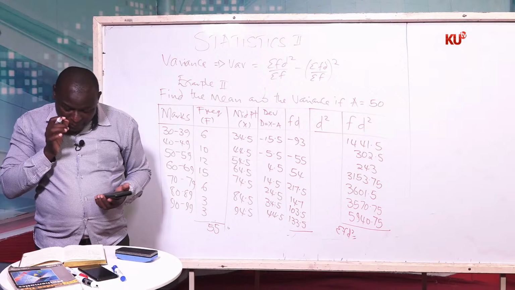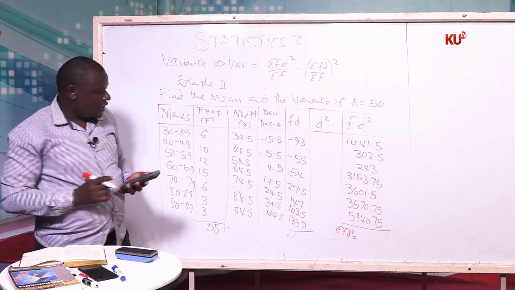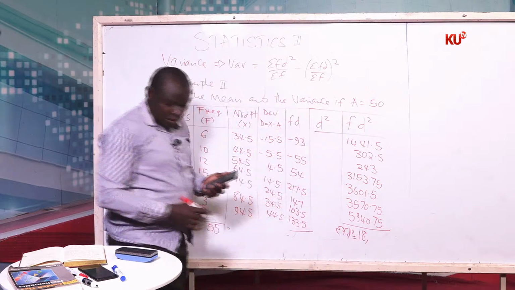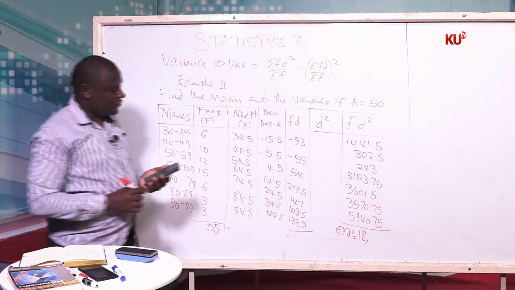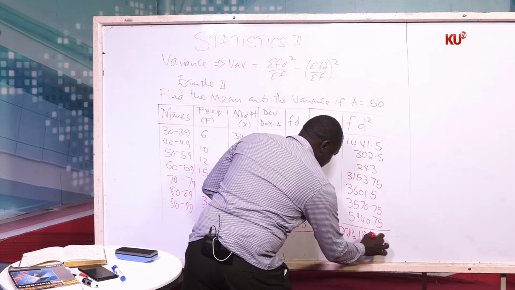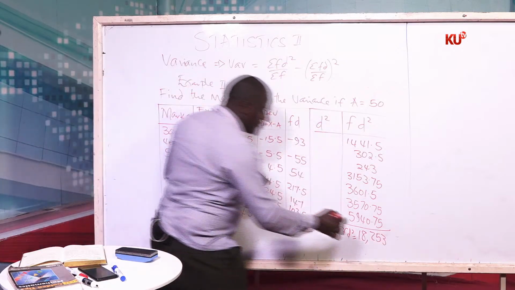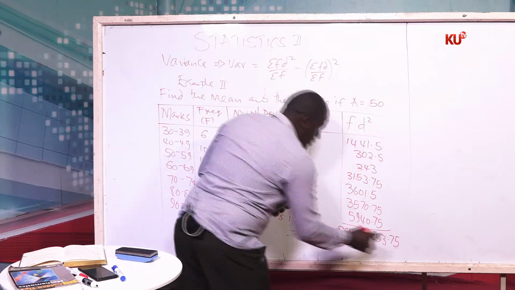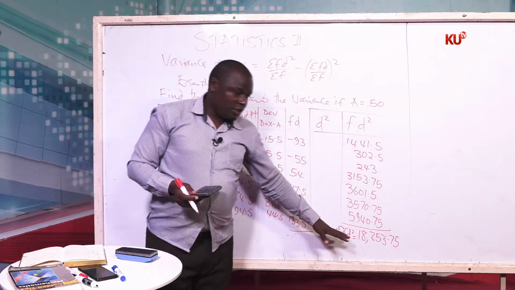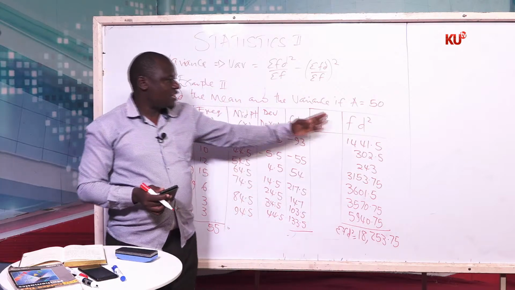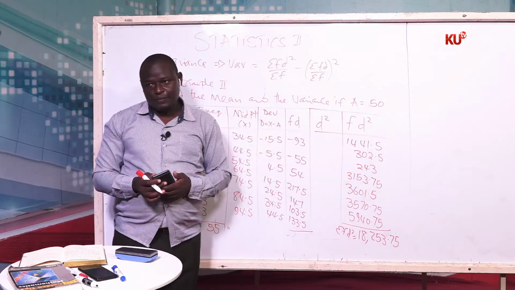The sum, if you work it out, you'll get 18,253.75. I hope everybody can see 18,253.75. That is the sum of FD squared.